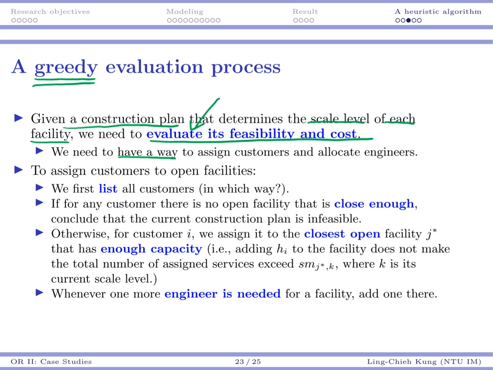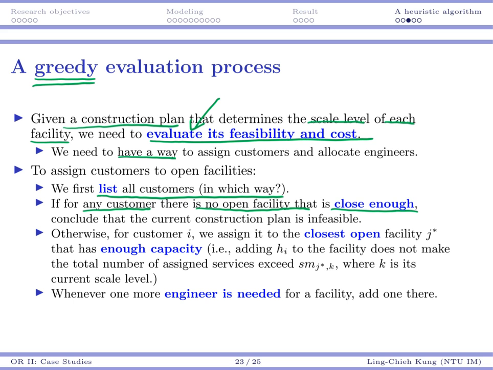So we first list all the customers one by one. And then for each customer, we take a look at the customer and try to see whether there is any open facility that is close enough. If we cannot find one, we know for sure that this current construction plan is infeasible.